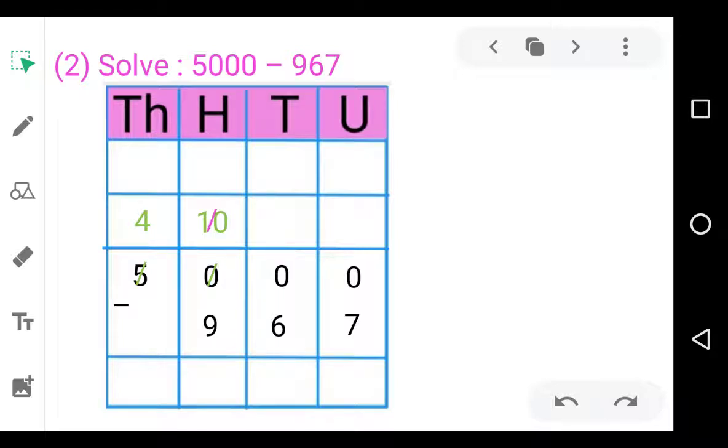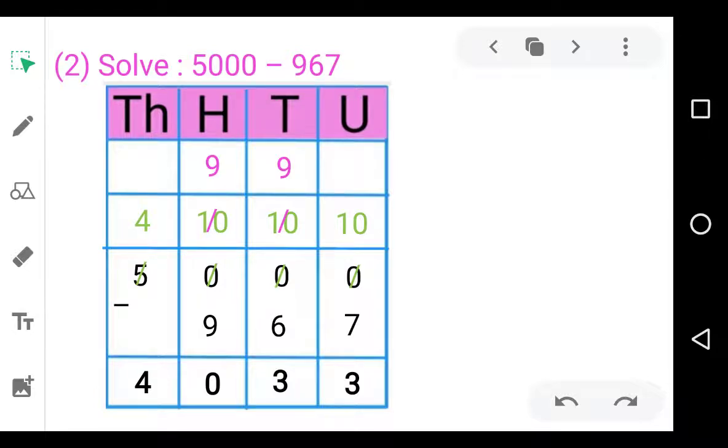So here 9, and at the tens place here is 10. Now we untie 1 ten from 10 tens. So it will be 9, and at the unit place 10. Now 10 minus 7 is 3, 9 minus 6 is 3, 9 minus 9 is 0, and there is nothing to subtract from 4000. So this is 4. So here we get the answer 4033.